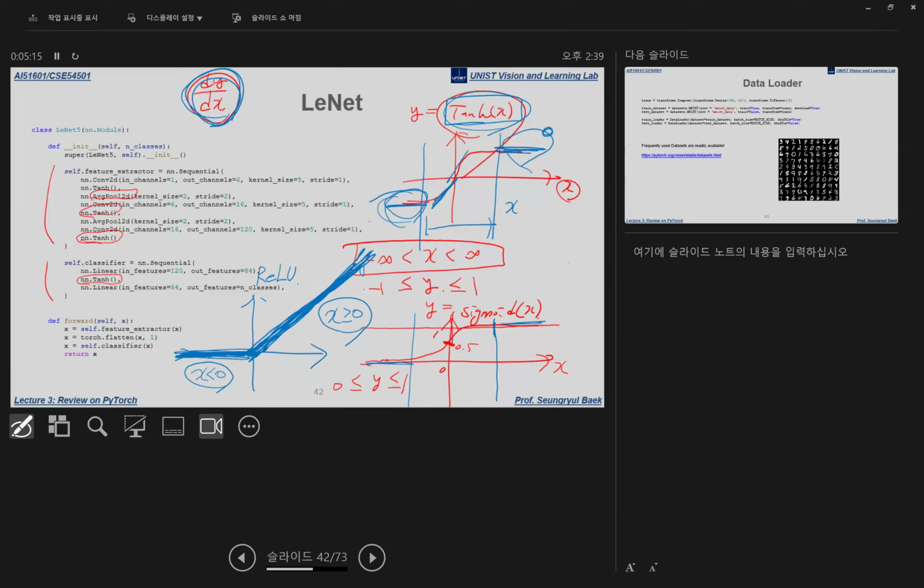You may remember that this is the ReLU function.